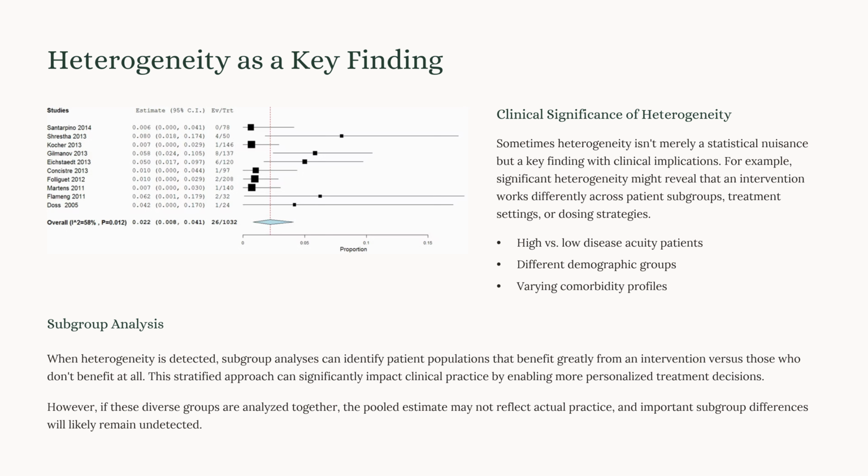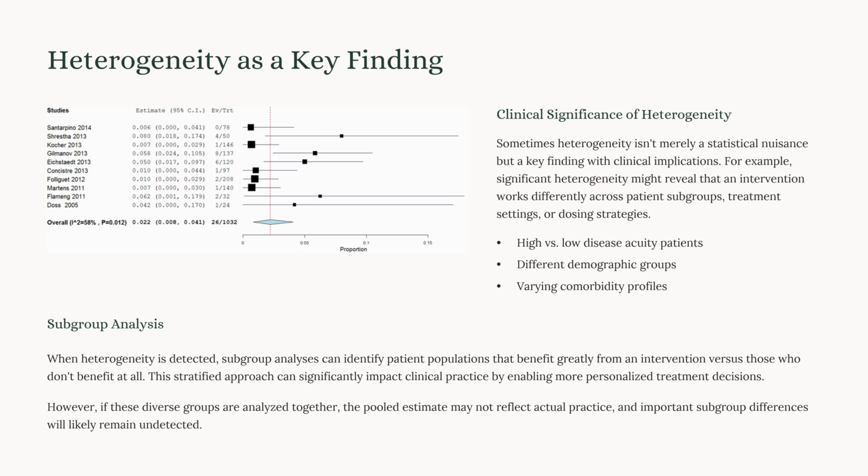And so that's where subgroup analyses come in, because you can actually then tell a story about, well, in these set of studies, looked at this specific patient population, or maybe this type of intervention dosing or whatever it might be, we see much more significant results versus in these imprecise studies in this set of patients, it's not statistically significant.